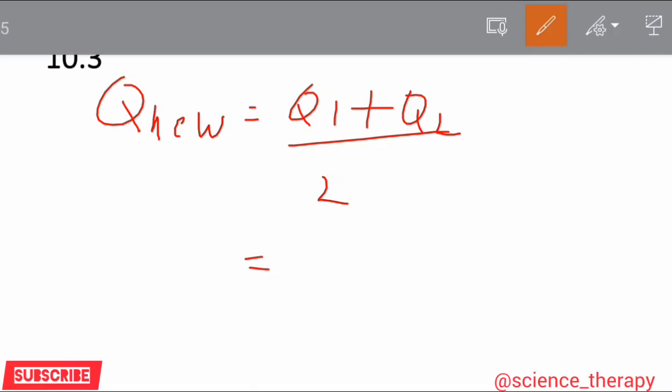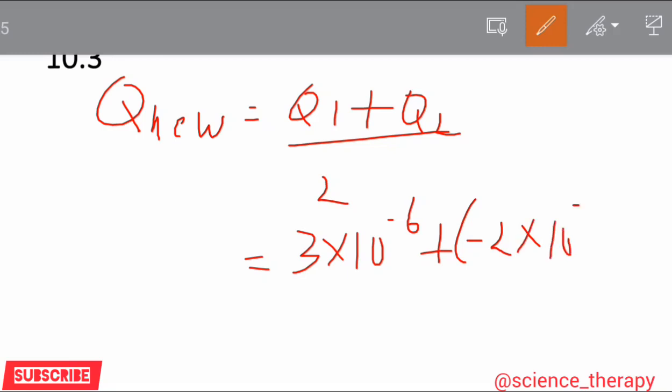As our Q1, we have 3 times 10 to the power of negative 6, then plus negative 2 times 10 to the power of negative 6, then over 2, right?